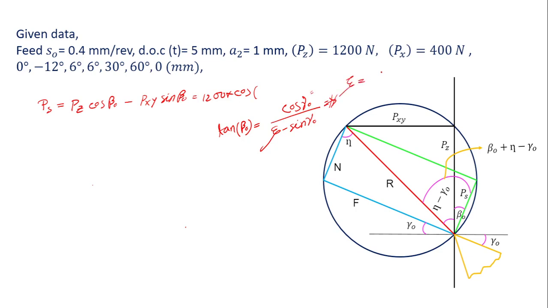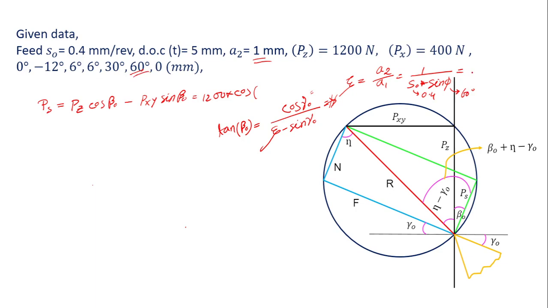Zeta is your chip thickness by the uncut chip thickness. Chip thickness is given, you can see 1 millimeter, but uncut chip thickness is not given. How can we find it? There is an equation, S naught into sine phi, feed into sine of the principal cutting edge angle. We know the S naught value, this is 0.4, and we know the phi value, this is 60 degrees. You can see principal cutting edge angle 60 degrees.